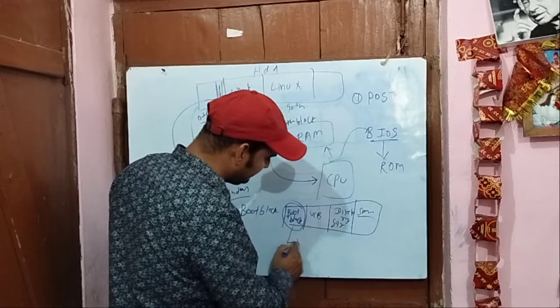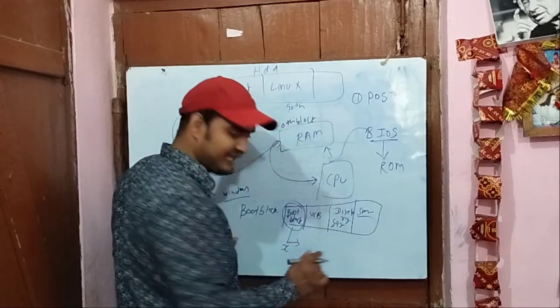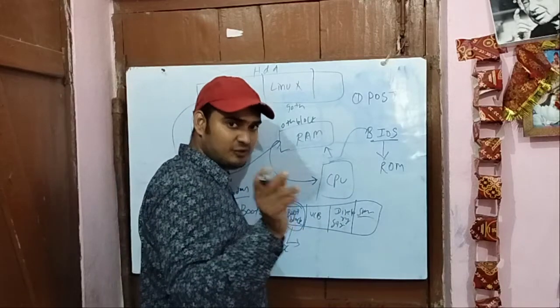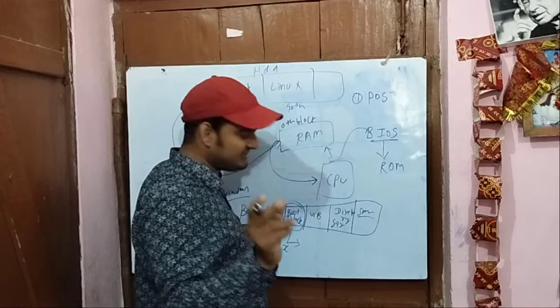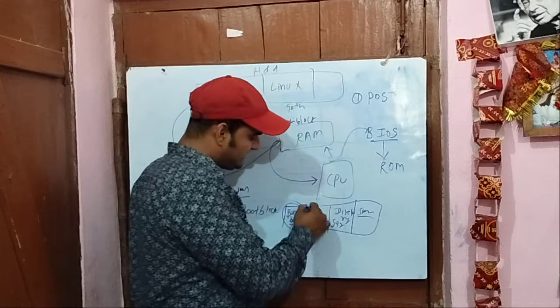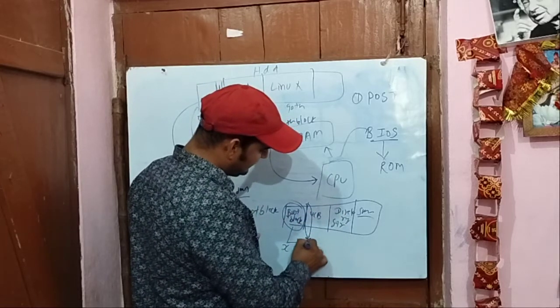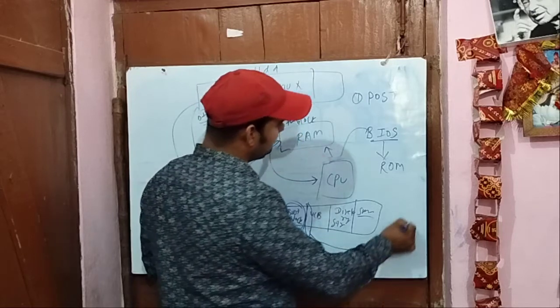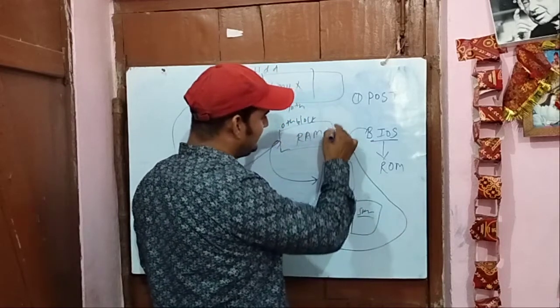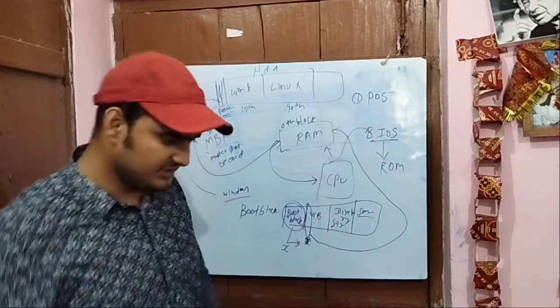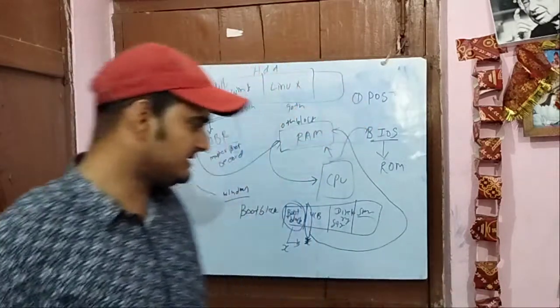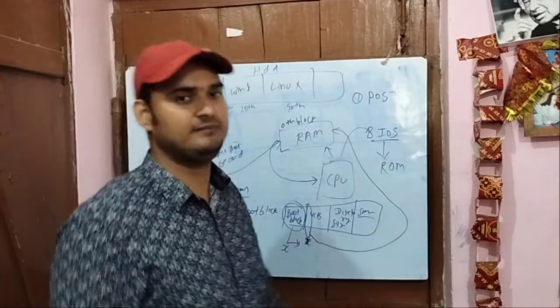After getting the location from here, let's suppose we get the location as X, so at the X block we have the operating system, and we get into that location. From here we will load that operating system inside the RAM, and in this way our particular operating system starts.